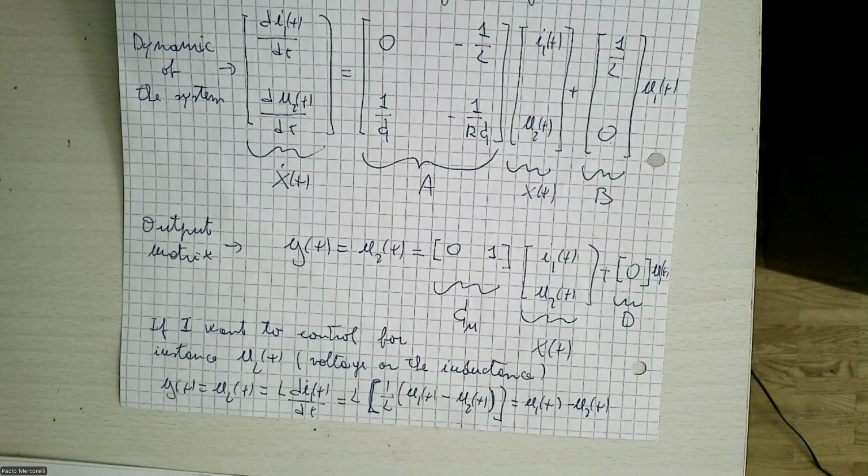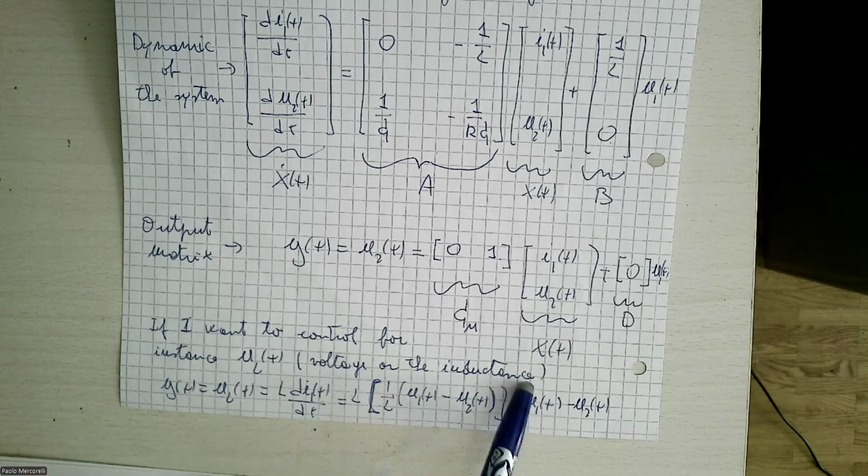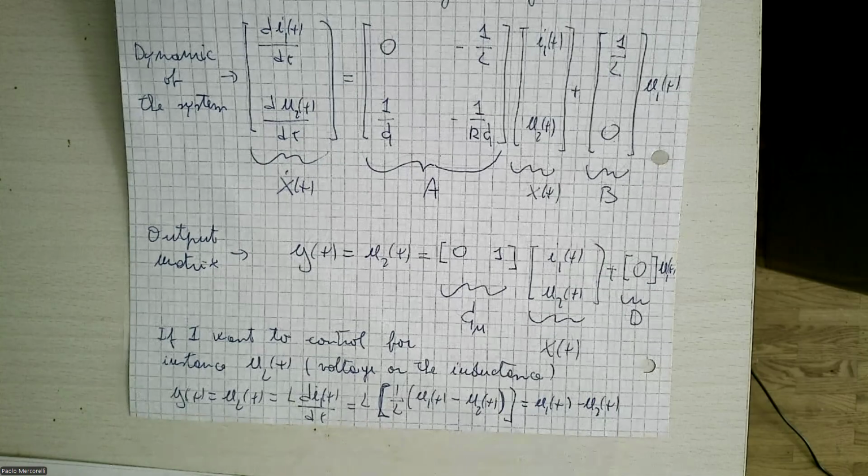We also have possible strategies, possible profiles of the temperature to be followed, and this means we need a control. If I want to control, for instance, UL, for different reasons, not exactly our first task, and just to do an exercise, because in the exam or in the project I could ask you to write the output equation for different outputs: the voltage of the inductance.